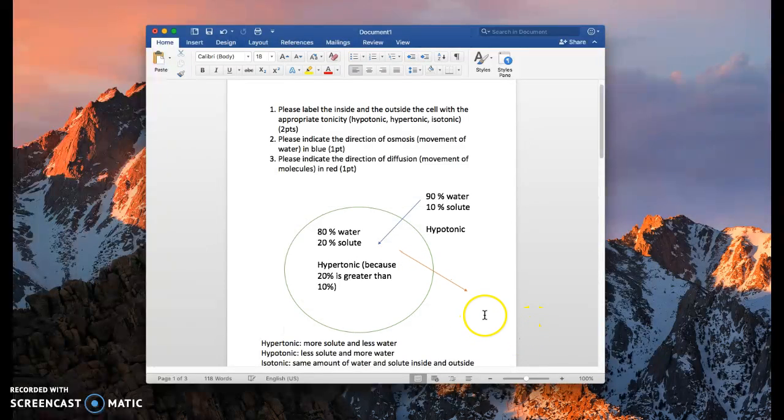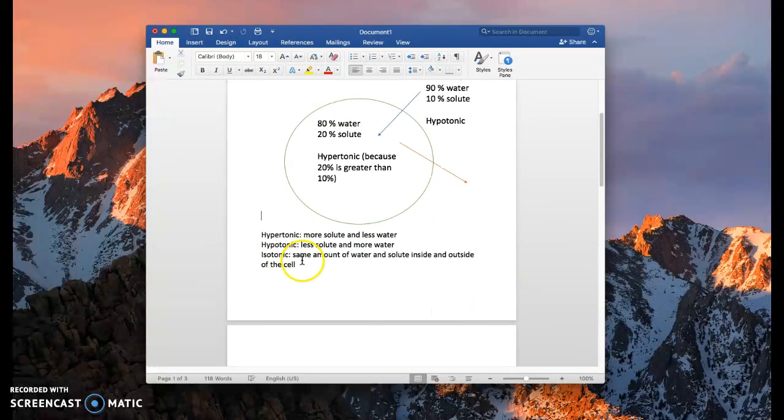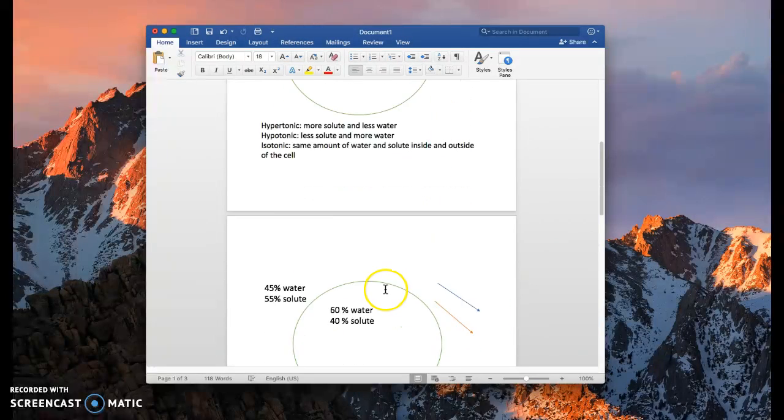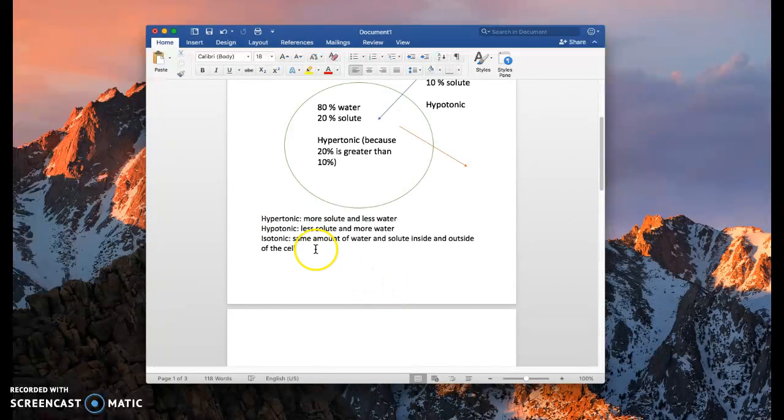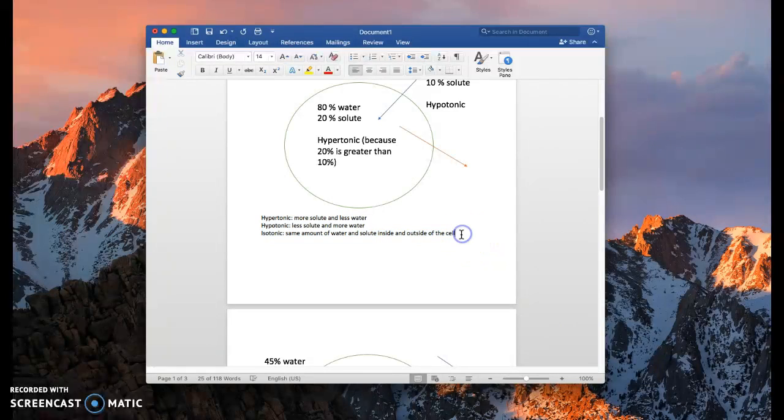So a couple quick notes on this before we move on to our next practice problem. Osmosis moves from hypotonic to hypertonic, always, which means that diffusion moves from hypertonic to hypotonic.